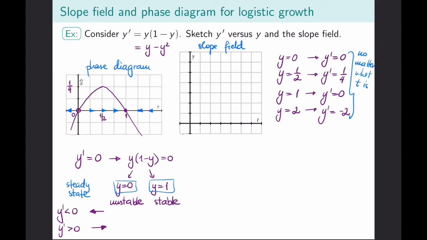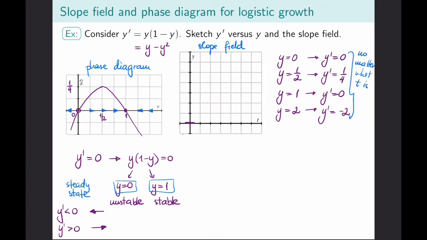So what do we have? For y equals 0, I have that y prime is 0. y equals 0 on this axis. So for 0, I'm going to have a horizontal slope right here. For y equals 1/2, now notice my actual scale here.